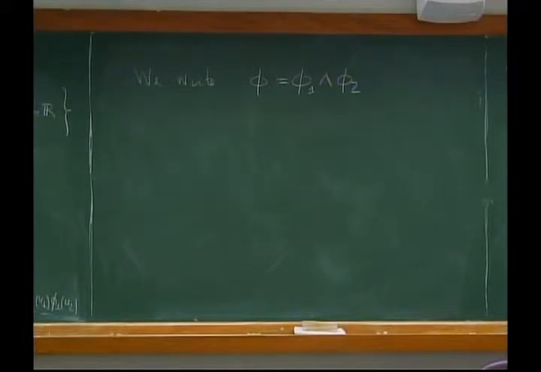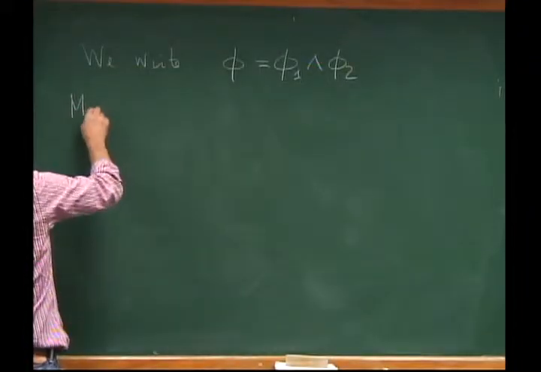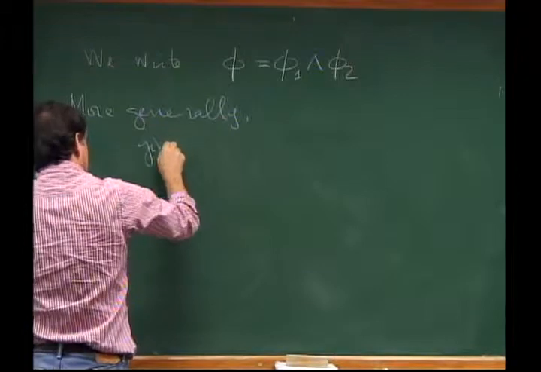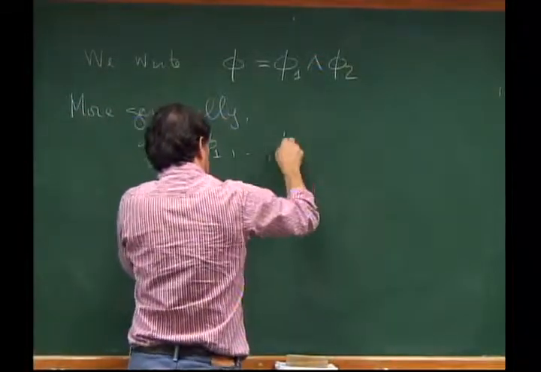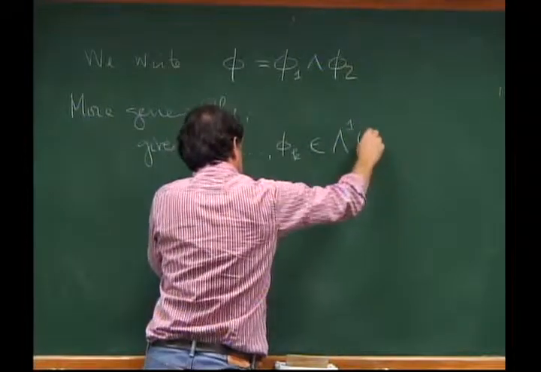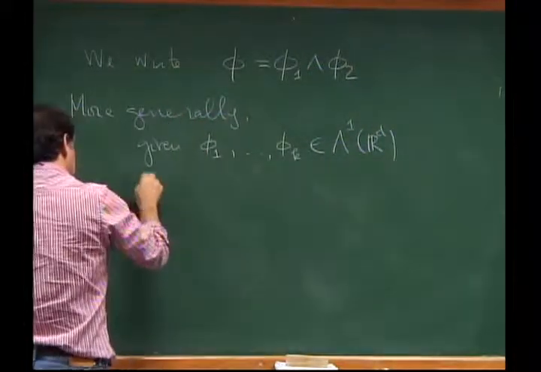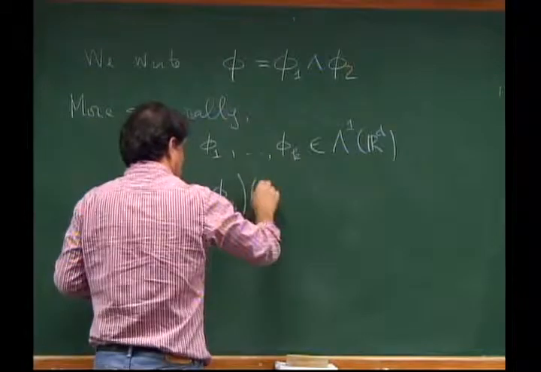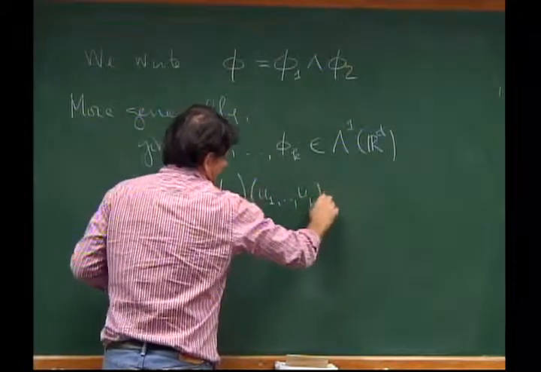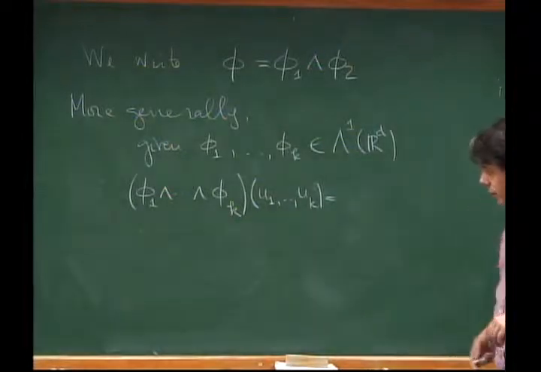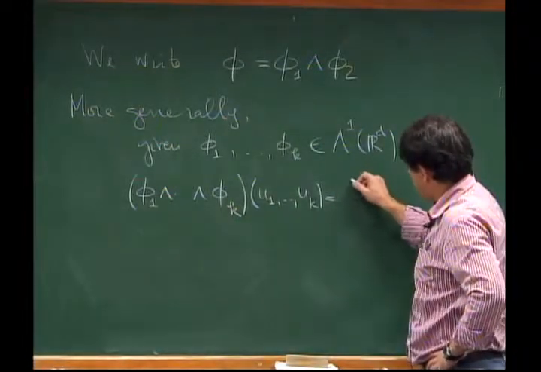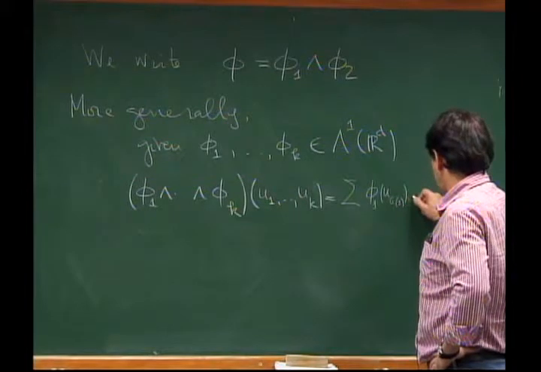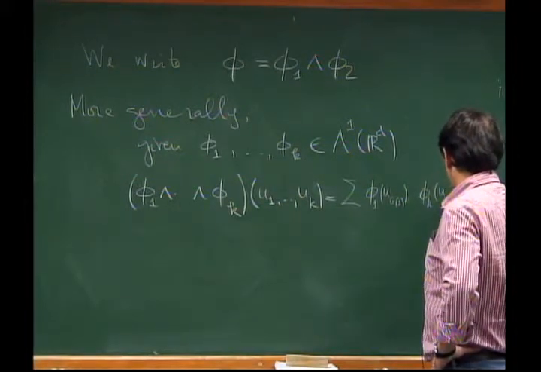Okay. More generally, for any k, given phi1 through phik linear, we can construct the product, and it's just the obvious generalization: the sum of phi1 of u sigma 1 through phik of u sigma k.